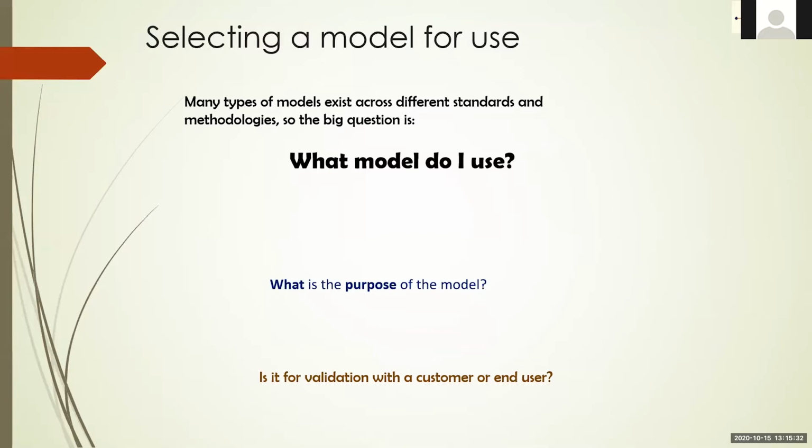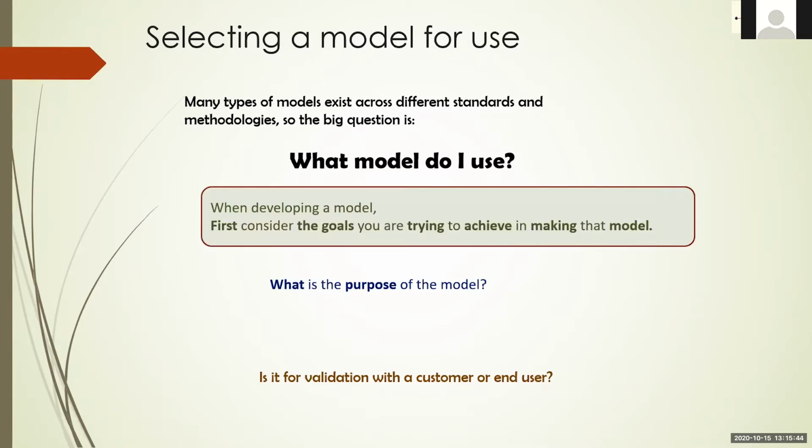Now, one important question that all of us should ask is, if I have so many models, which model shall I use? Okay, so this is very important. So first, consider the goals that you want to achieve by doing the model. That's the first thing that you have to do. So don't get a model and then try to see how that model can be helpful to you.